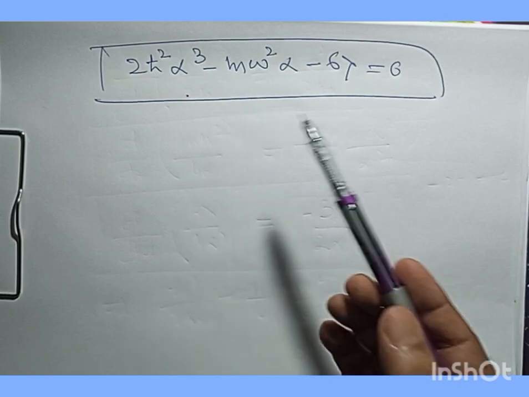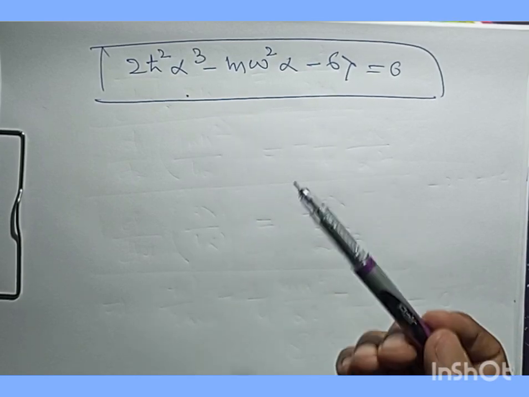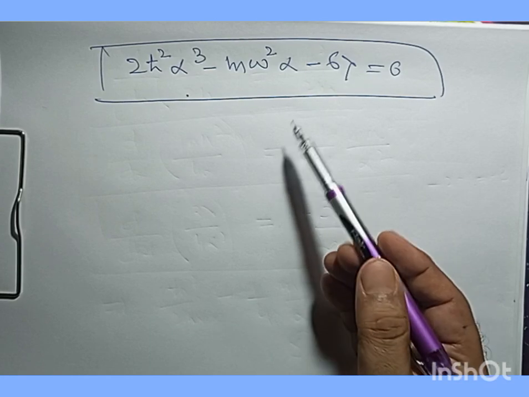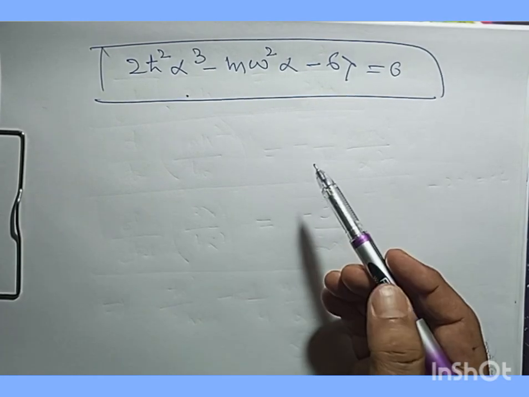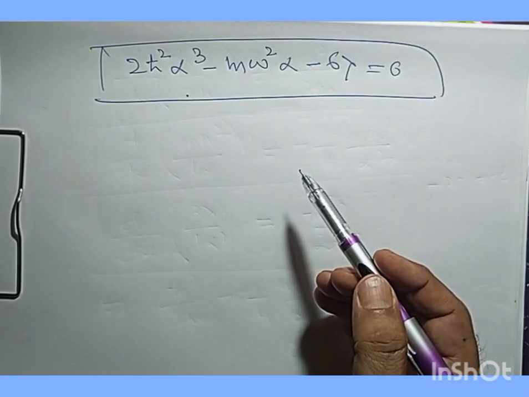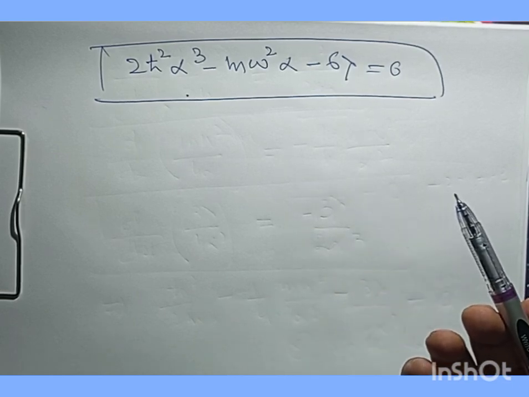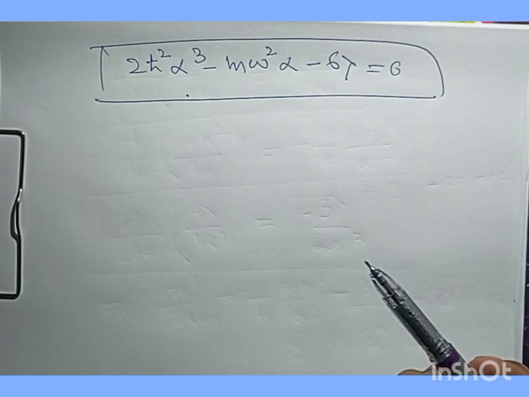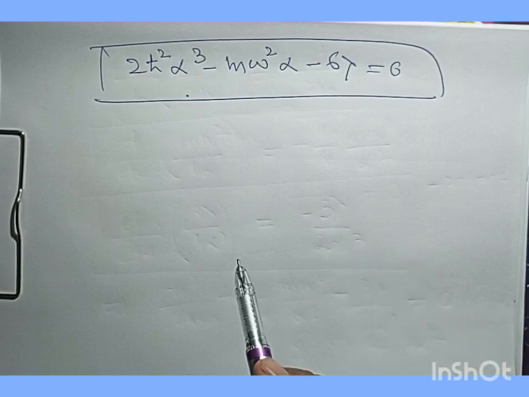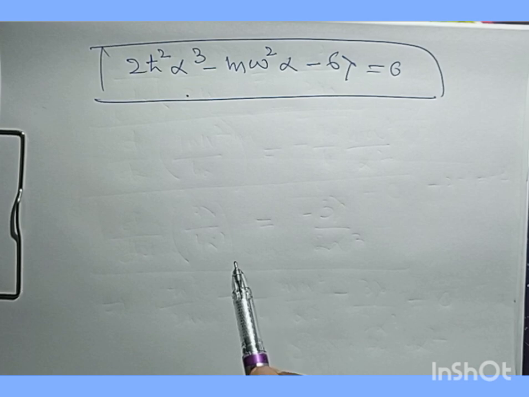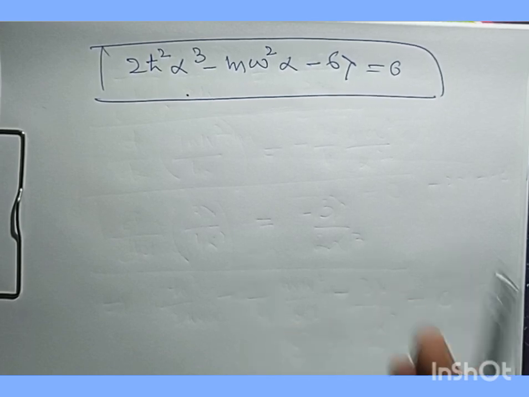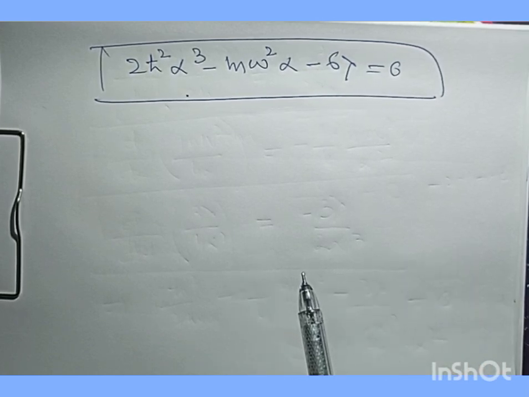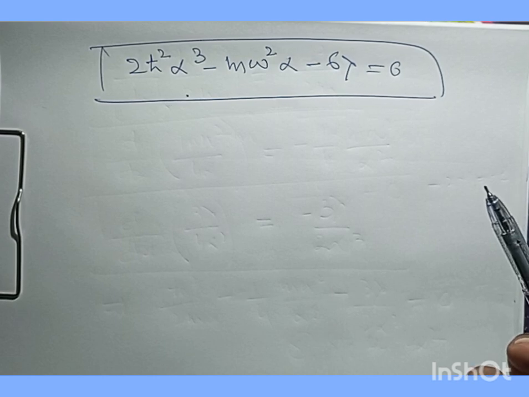Now the optimized value of alpha that we obtain from here is substituted back into the trial energy function to give the variational estimate of the ground state energy. That's the purpose basically, and this energy E trial is an approximation of the true ground state energy of the anharmonic oscillator. By choosing more sophisticated trial wave functions, you can improve the accuracy of the result for the particular problem.